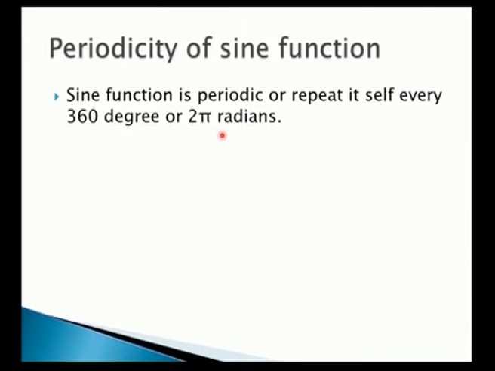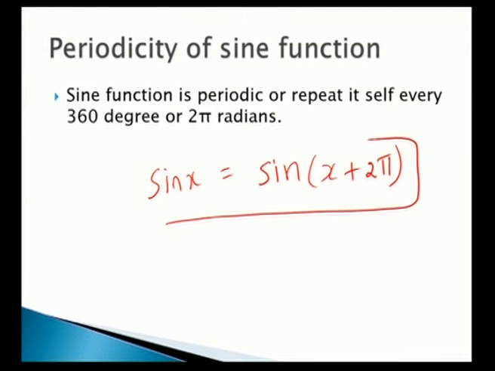So that in equation the sine function can be written like this: sine of x is equal to sine of x plus 2 pi. So, if the periodicity is 2 pi, you will get the same function. This is how equationally the periodic function can be represented.